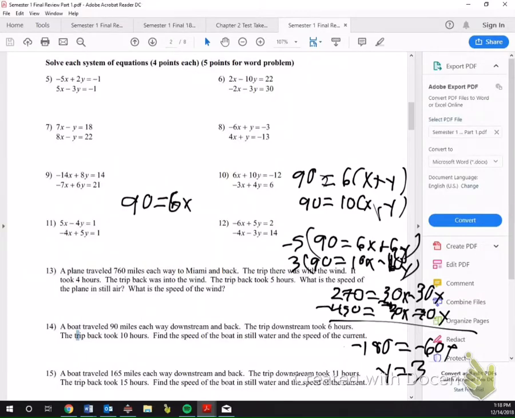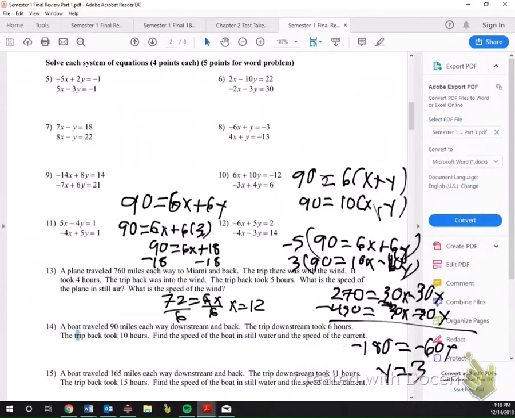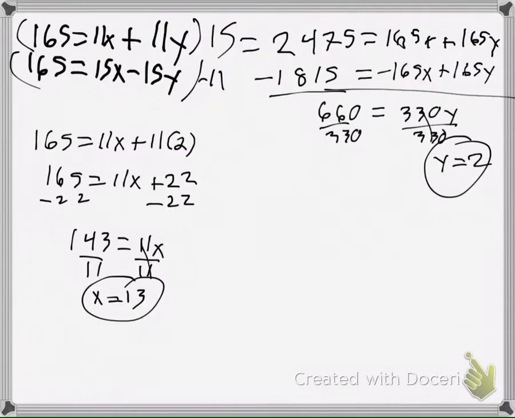And so we have 12 is the speed of the boat, 3 is the speed of the current. Same general idea for the next one. That's what it should look like.